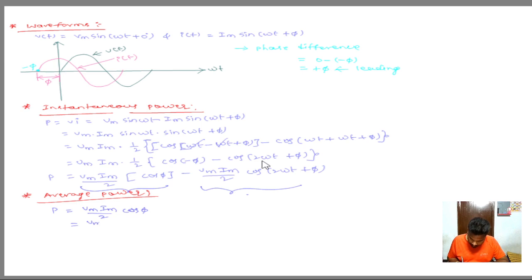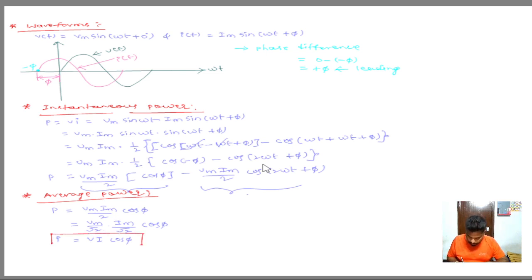I'm writing Vm by root 2 and Im by root 2 cos phi. Therefore, it is Vi cos phi. This is the average power absorbed by the series circuit.